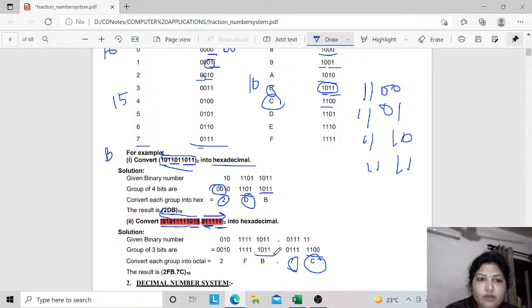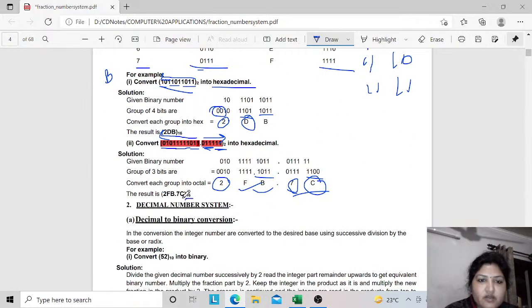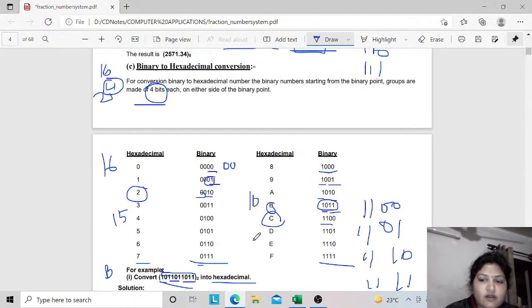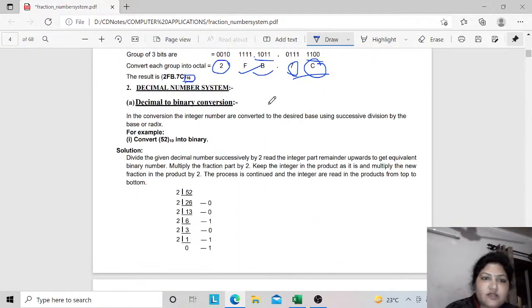Then 1011 would be my B, then 1111 would be my F, then 0010 would be my 2. So this is how a binary number is converted into a hexadecimal number, and you write hexadecimal as the base. Always remember this table and how we use it. Let us take the next one also.